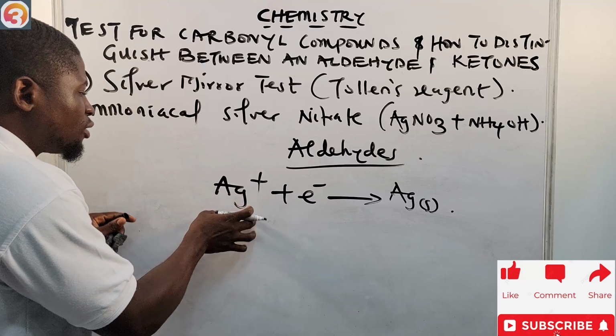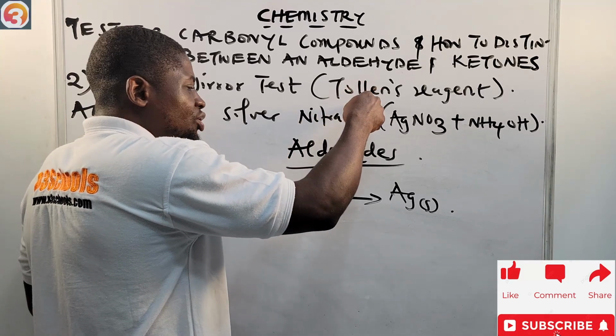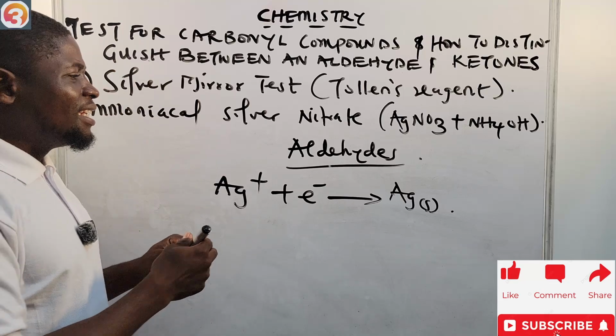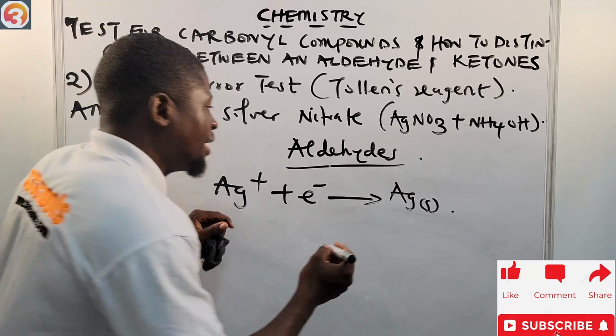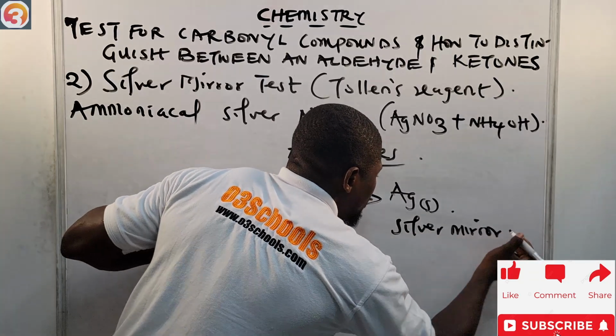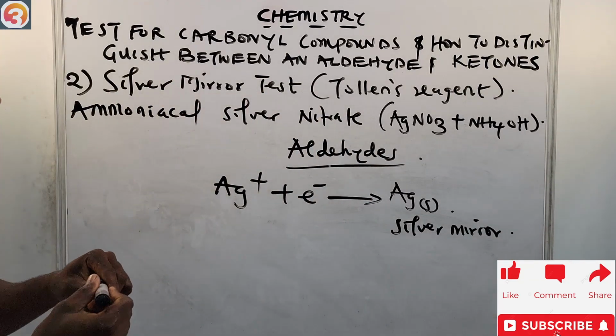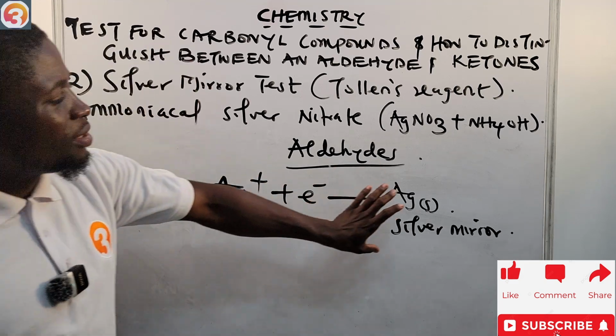So the aldehyde reduces the silver ion present in the Tollens' reagent to solid silver. This solid silver is actually the silver mirror that we observe, as a result of the reduction of the silver ion to solid silver. So this is the positive result.